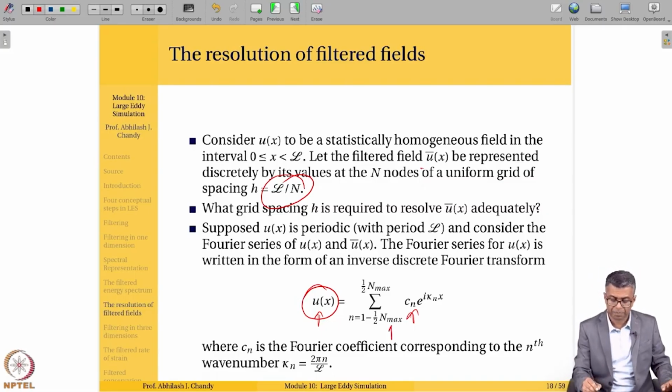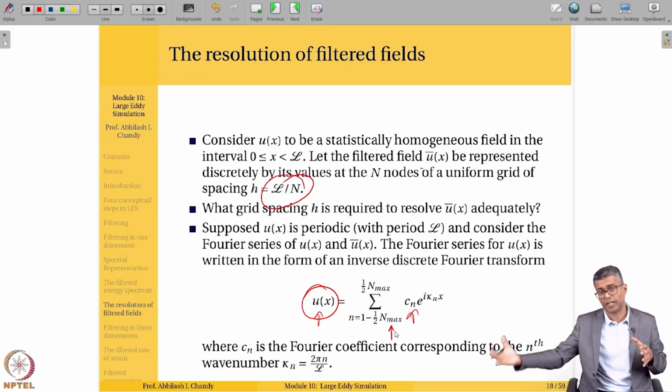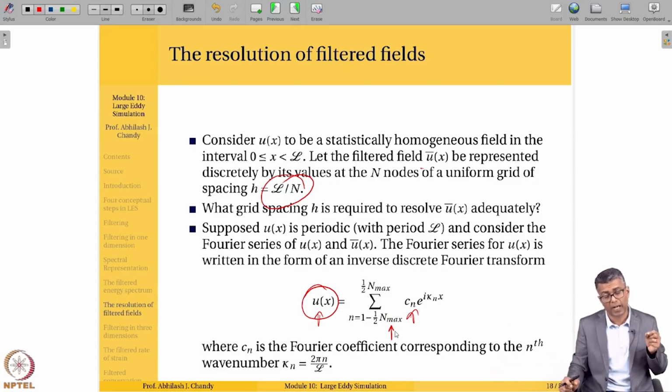So that is why the maximum number of grid points is n max. On a grid that is large enough to resolve the integral length scales and with a grid size small enough to resolve the Kolmogorov scale, your maximum number of grid points in each direction is n max. So you are summing from 1 minus half n max to half n max.